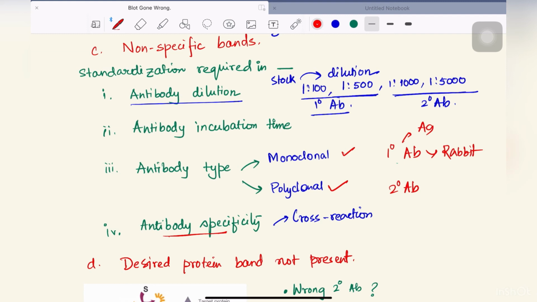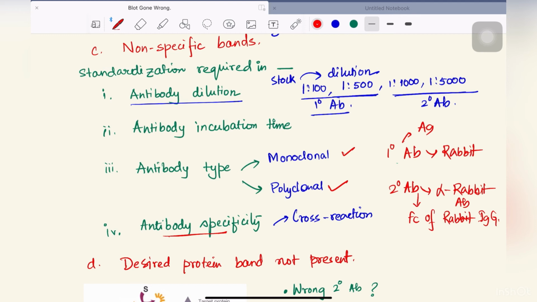Then your secondary antibody has to be an anti-rabbit antibody. That means your secondary antibody has to recognize the constant region, that is the Fc region of rabbit antibodies, rabbit IgG, for example. So your secondary antibody has to be specific for your primary antibody.